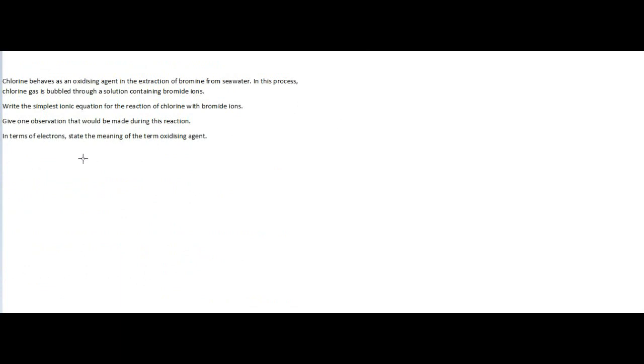Chlorine behaves as an oxidizing agent in the extraction of bromine from seawater. In this process, chlorine gas is bubbled through a solution containing bromide ions. Write the simplest ionic equation for chlorine with bromide ions. So we write chlorine, gaseous form of course, Cl2 plus the bromide ions, Br minus.